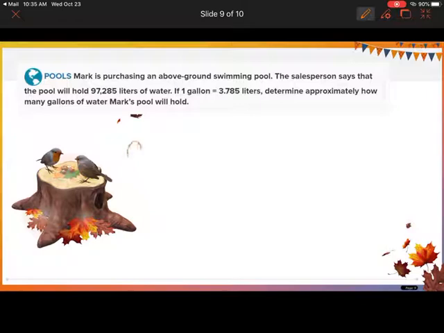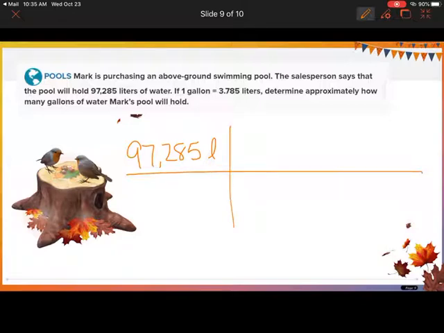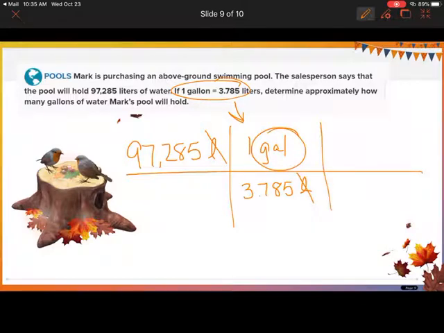So always put what you start with, liters. And then I make a chart like this. So if I have liters on top, on my conversion, I need liters on bottom. So this conversion is going right here. So 1 gallon is 3.785 liters. Now, because there's a liters on top and a liters on bottom, they cross out and I'm left with gallons. Now, how this works is multiplication and division.